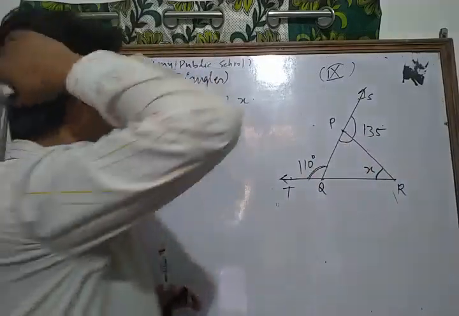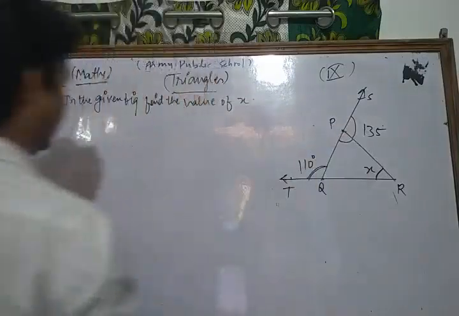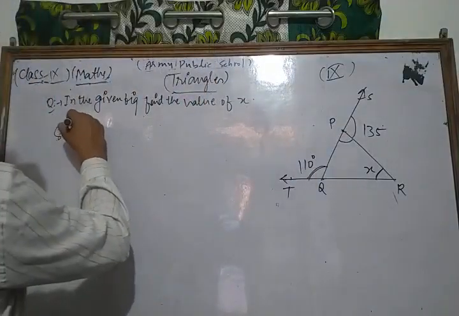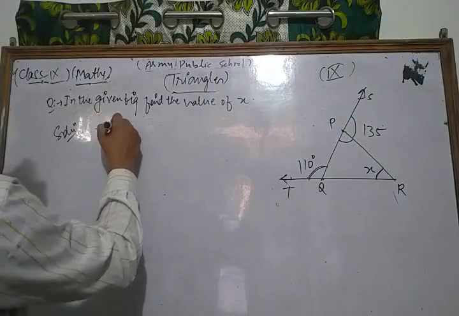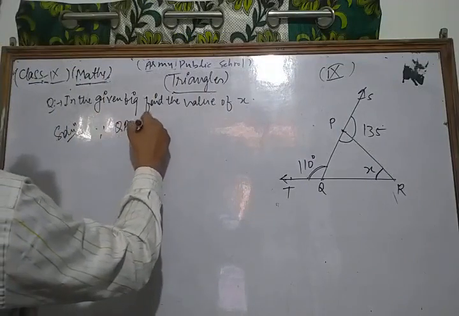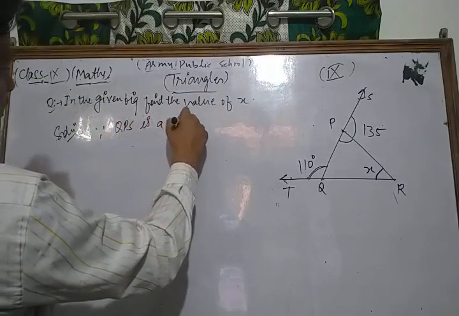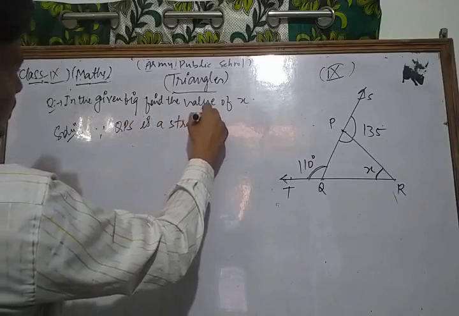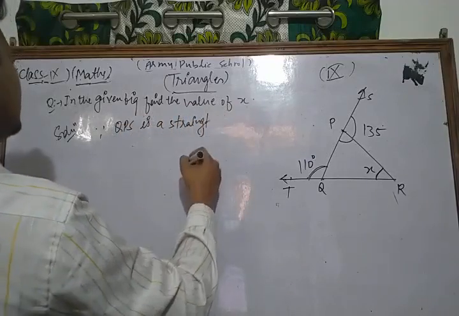Now from there, first of all we find that angle. Now let's see its solution. Since QPS is a straight line, na?